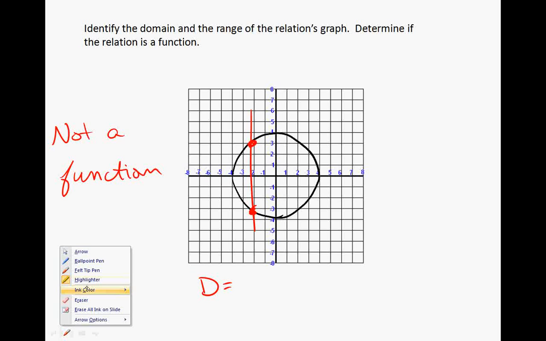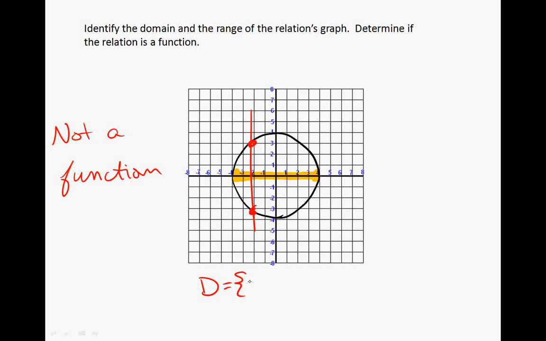When I look at the x-axis and I compare it to my graph, my lowest possible x value is -4. And then all of these x values are included in the domain. My highest possible x value is +4. So I need to write an inequality to describe all of the x values from -4 to +4.